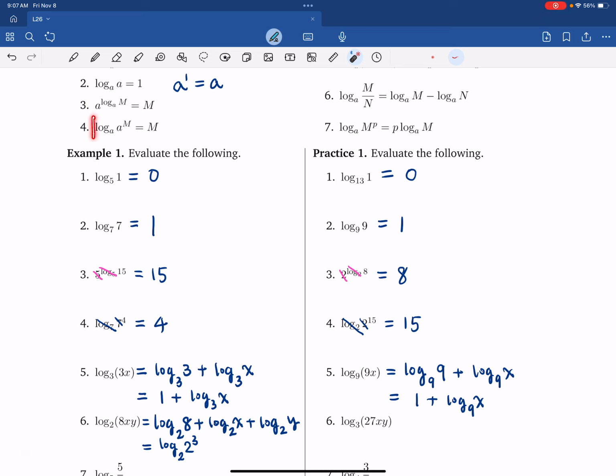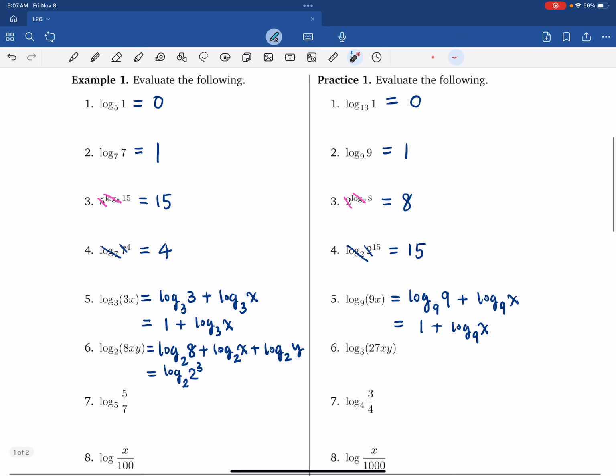Actually, no, property number 4 suggests that if you have a log base a and the exponent of a together, they can cancel out. So that's exactly what I'm doing right here. We have log base 2 outside. I want to turn the inside into an exponent of 2 as well. And 8 happens to be 2 cubed. So that's why I did the transformation right there. And the other two, since we don't know the values of x and y, we just copy them.